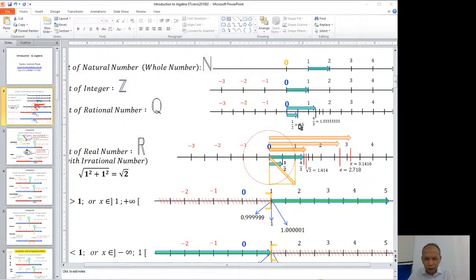We have 0.5, and between 1 to 2 we have 1.3. So 1.3 is still not 1.5.